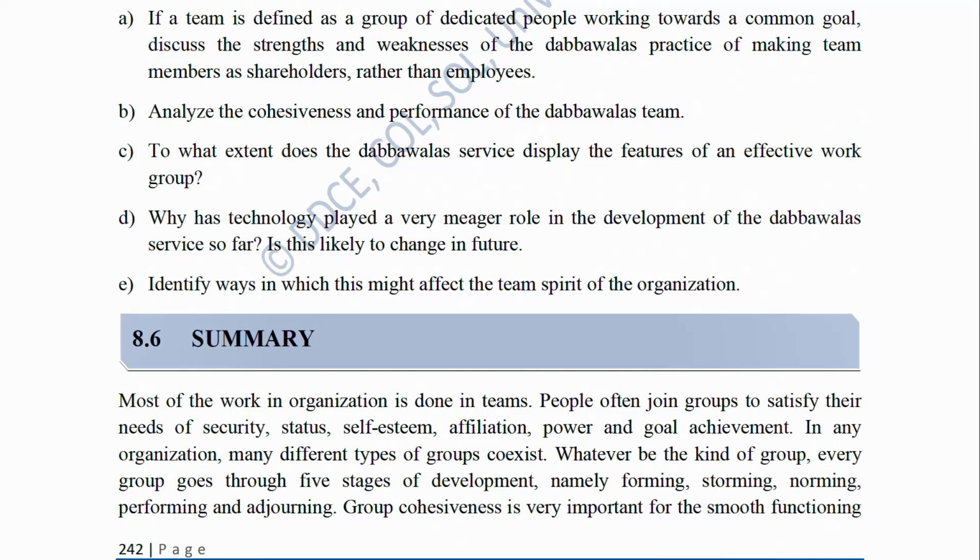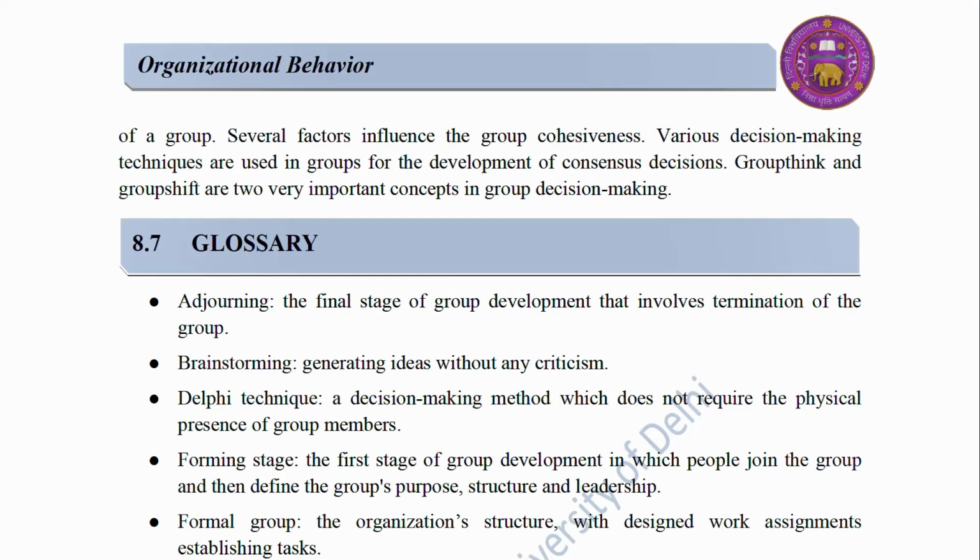Group cohesiveness is very important for the smooth functioning of a group. Several factors influence group cohesiveness. Various decision-making techniques are used in groups for the development of consensus decisions. Groupthink and group shift are two very important concepts in group decision-making.